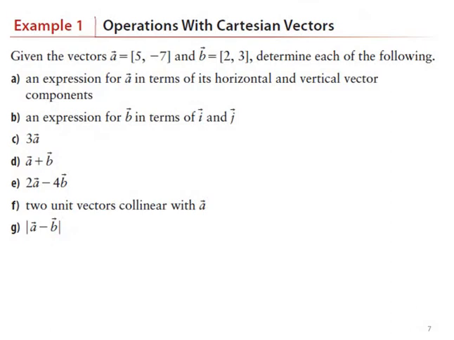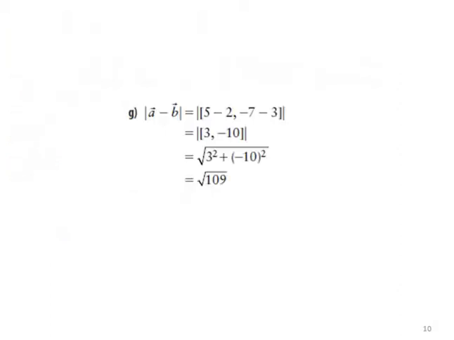Now let's see the last part, which is asking for the magnitude of A minus B. A is (5, -7), B is (2, 3). So we can say 5 minus 2 and negative 7 minus 3. So we have (3, -10). When you want to find the magnitude, it's going to be the square root of 3 squared plus negative 10 squared. And the answer will be square root of 109.